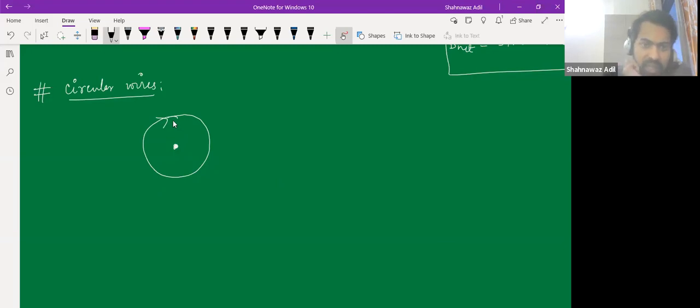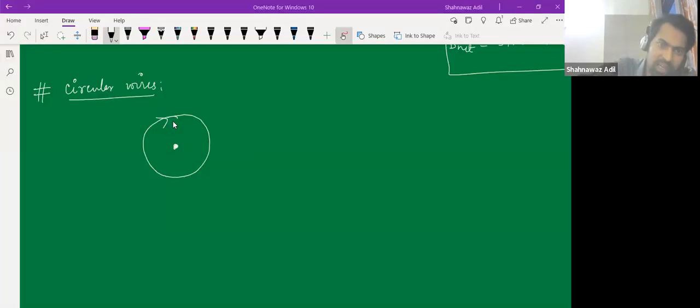So in the previous case for the straight wire, we put our thumb in the direction of the current. But now in the circular wire, we will put our four fingers, right? We curl our fingers in the direction of the current. So that is the difference. In the case of straight wires, we put our thumb in the direction of the current.